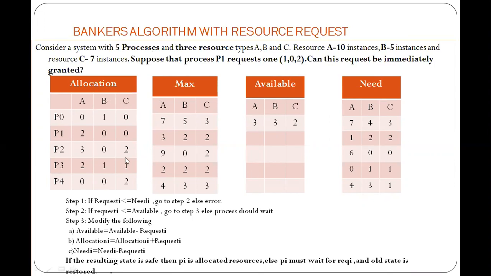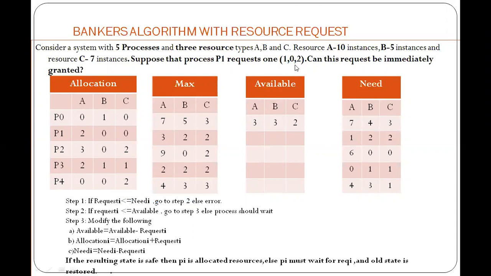The data structures or the matrices remain the same. We have to go through this algorithm. We have to check for the first condition and the second step. If request I, so what is I here? I is process 1. If process 1's request is less than or equal to its need, only then go to step 2, else it's an error.